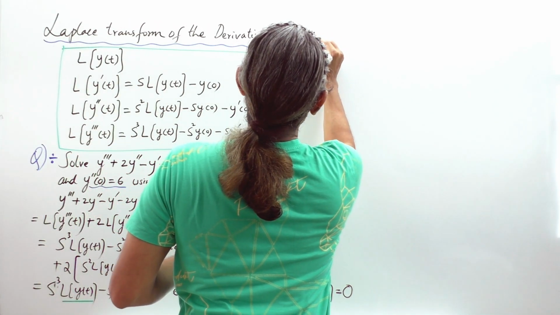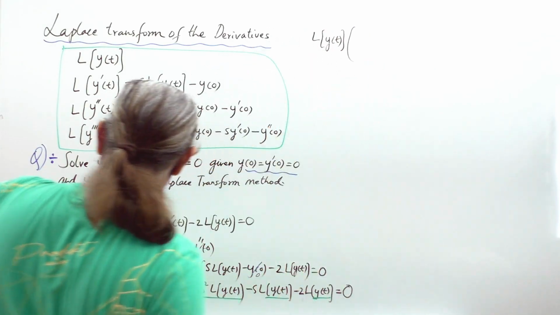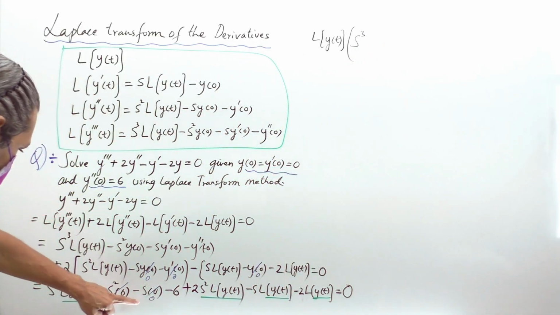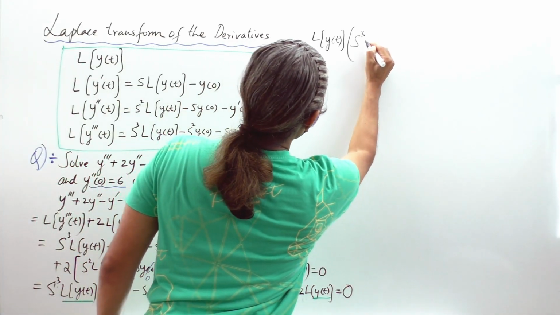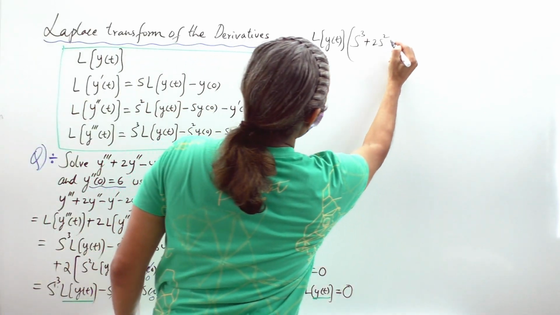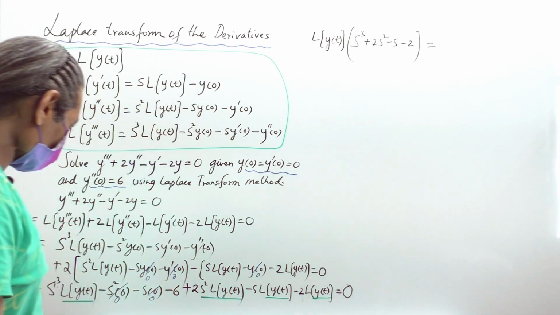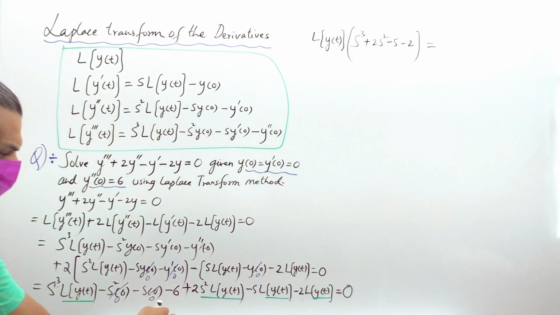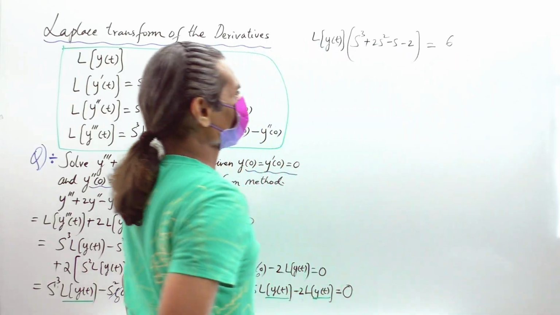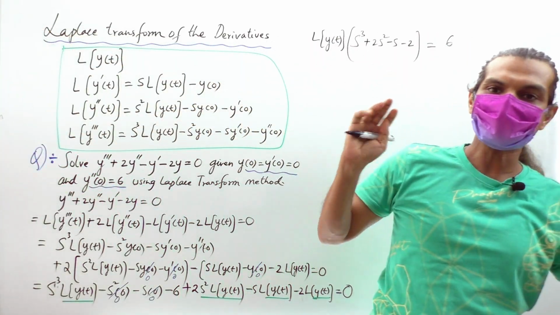We have L{y(t)} into, what is that? s³ plus 2s² minus s minus 2 equals, what's remaining? Everything is 0, only minus 6 is remaining. So if you take minus 6 to the right side, this will become plus 6. Done. So half the problem is done here.